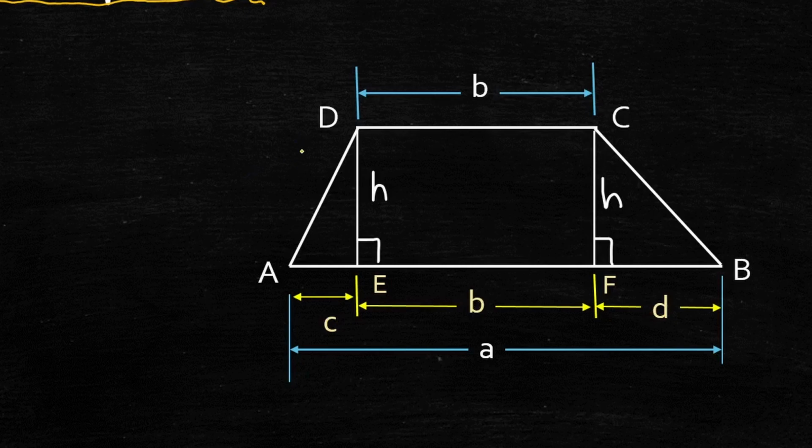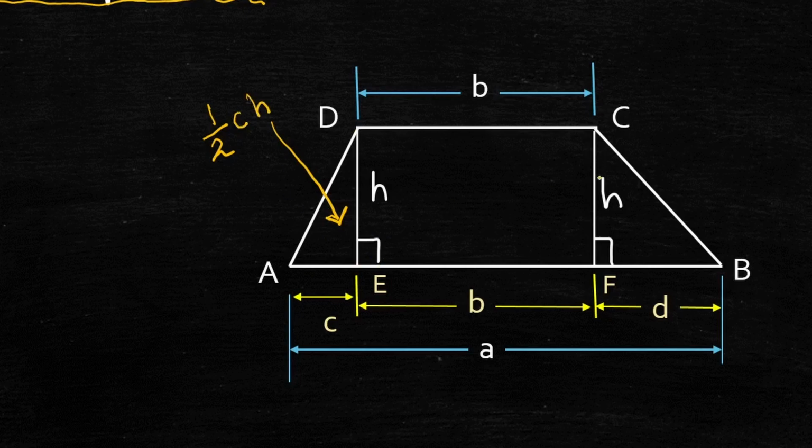Now come to this triangle AED. The area of this triangle is equal to half into base. The base is AE, which is equal to c, and the altitude is h.